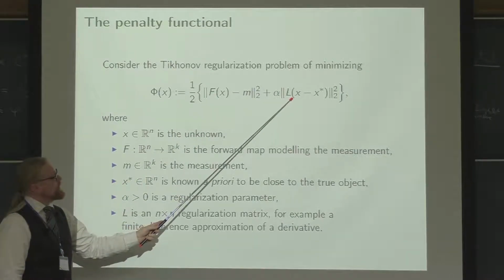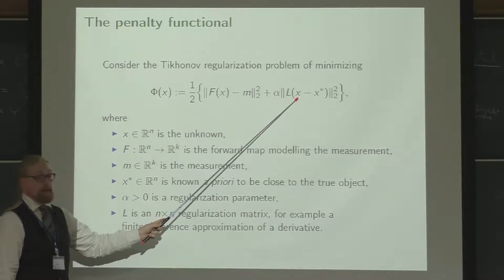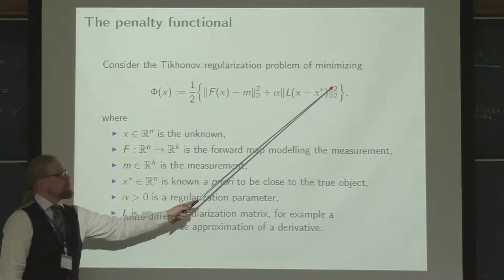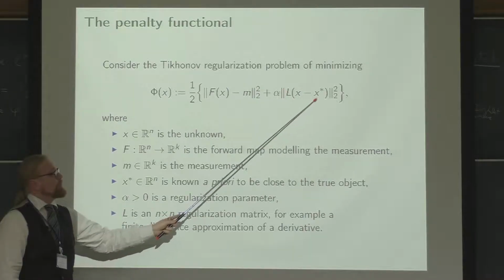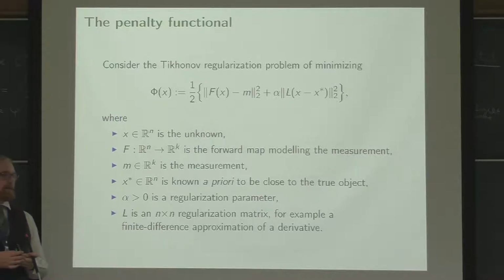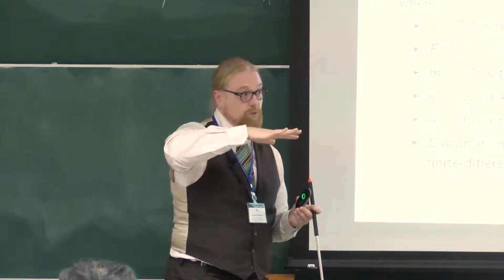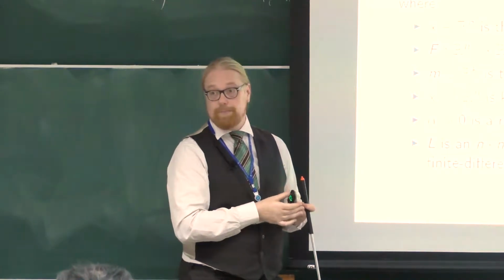And here we don't have only the norm of x squared, but a little bit more. We have some x star that maybe we know a priori that the conductivity or whatever in our problem is. If you know something, it's roughly something like this. So we can penalize that. Please don't be too far away from this one, because this is roughly right.